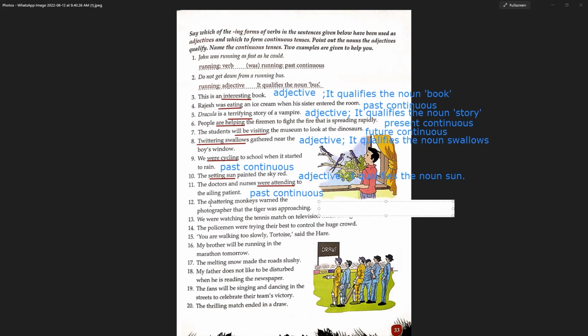Chattering is an adjective which qualifies the noun monkeys, and also we have the verb approaching. It is past continuous, right? Now, Dikshana, what do these chattering monkeys do?